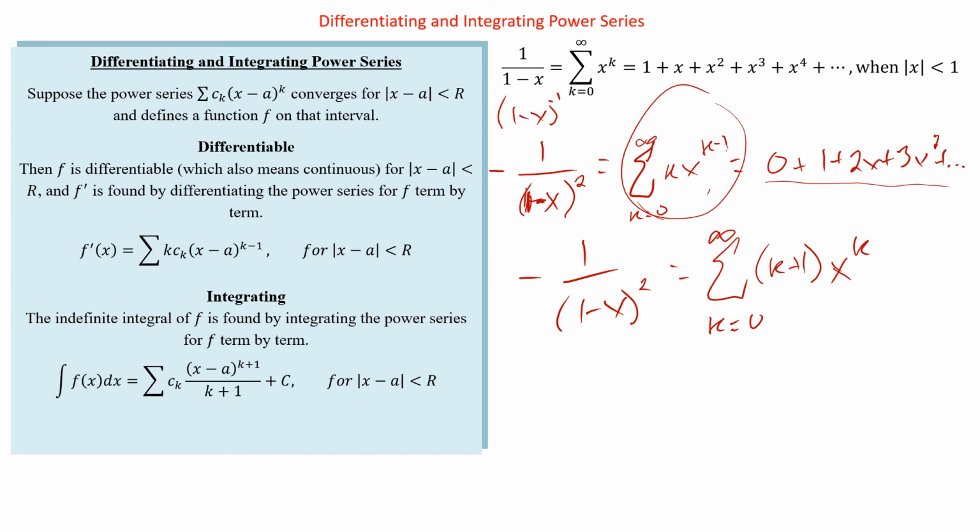So there's not much to it. And so that would be how we write 1 over (1 minus x) squared as a power series instead of a function.